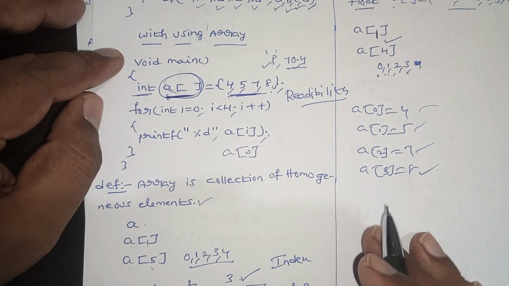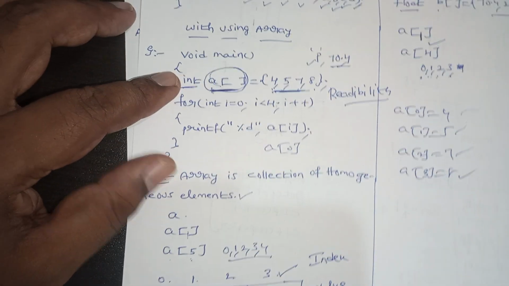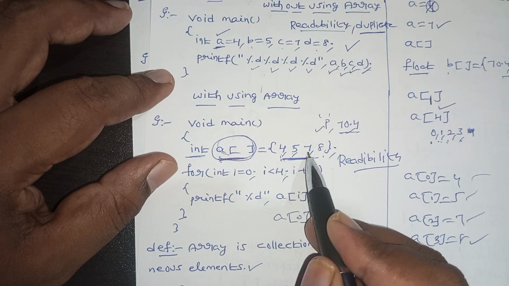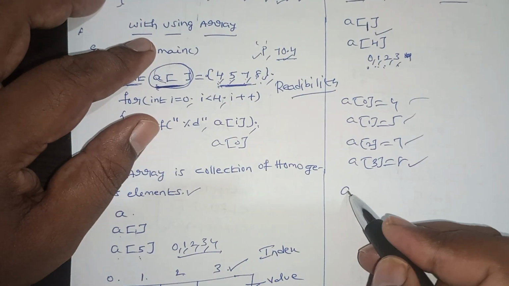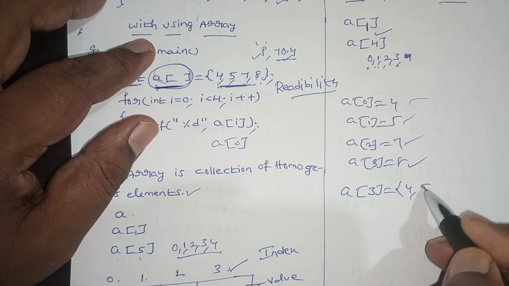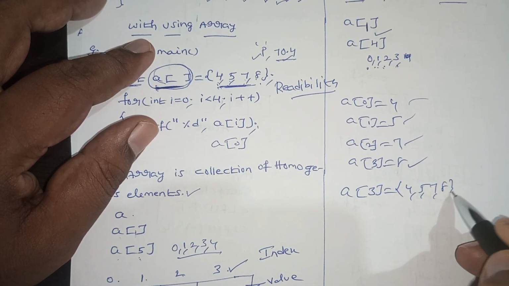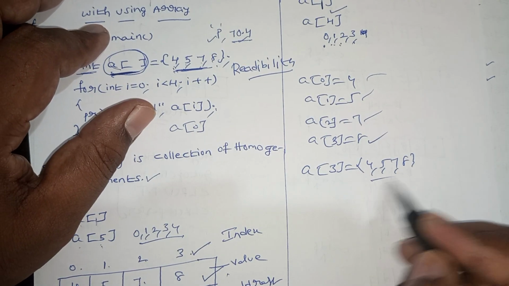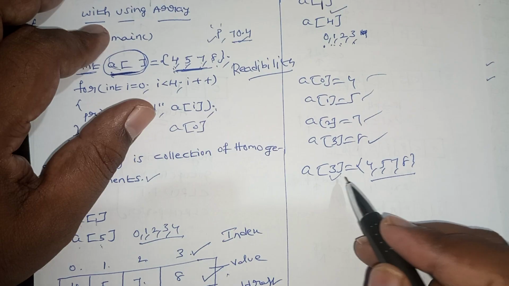One more thing to note: you have to give the size. If you give 3 but you are storing 4, 5, 7, 8, this is wrong. I am taking 4 values but the size is 3, which is wrong.